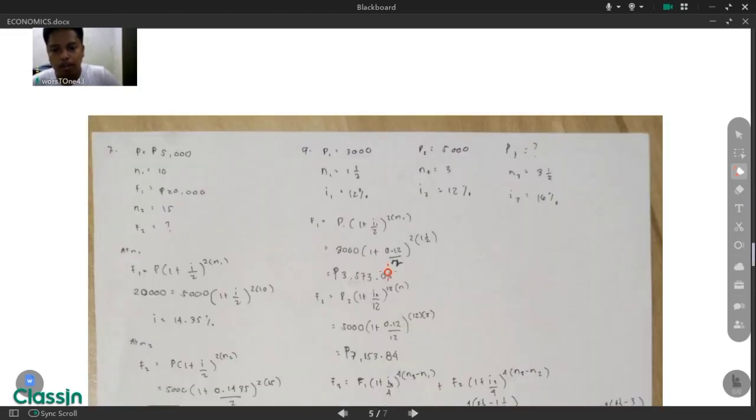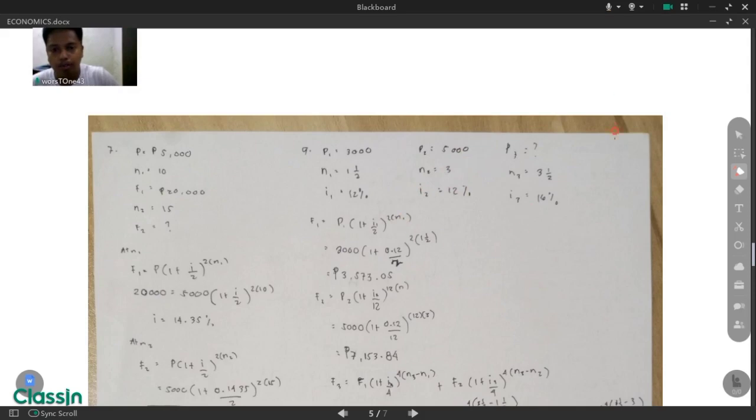Item number 9. First we have P1, our principal, as 3,000, time is 1.5 years, and i is 12%. It is all compound interest. The first is compounded semi-annually, and the second is compounded monthly, which has a principal P2 of 5,000, time is 3 years, and its interest rate is 12%.